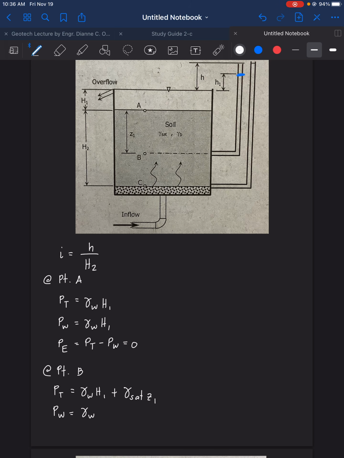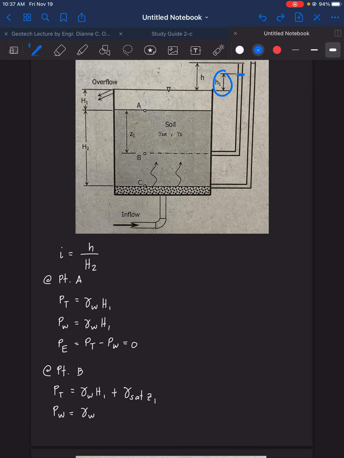And let's take the total height of the water from the level of water from this tube down to the point B. So that is equal to H1 plus the bigger H sub 1, then plus Z1.